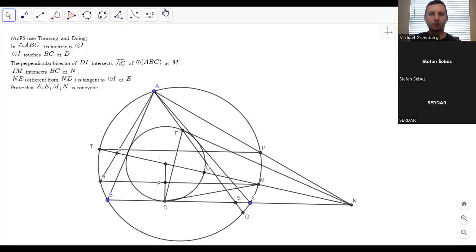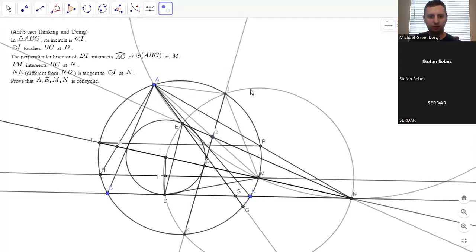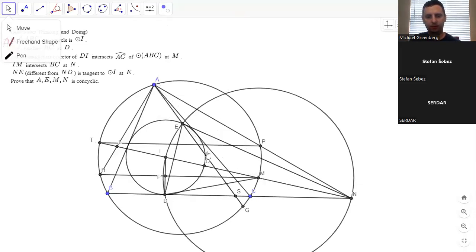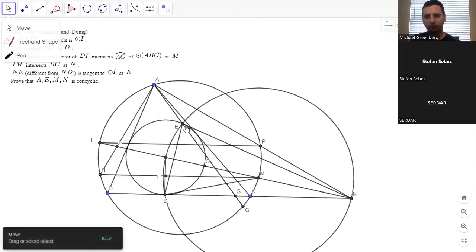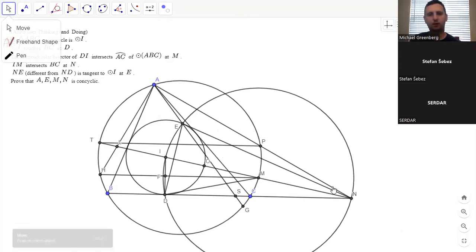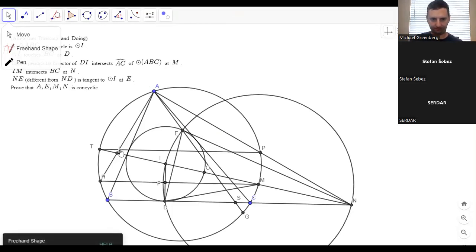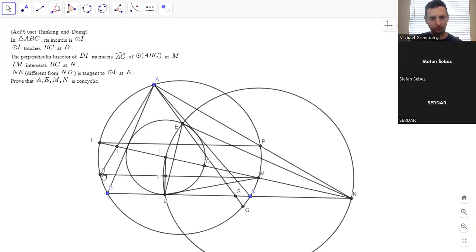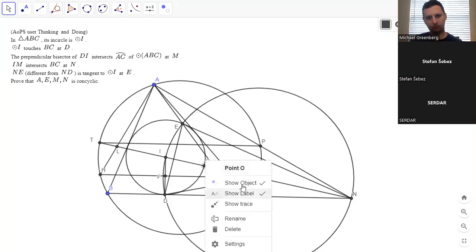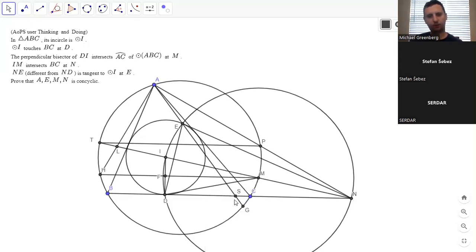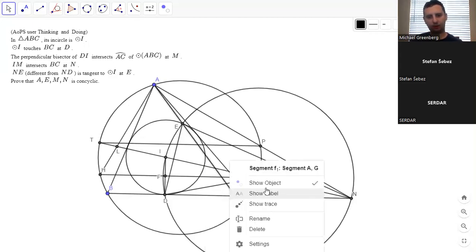So yeah, okay, I'll keep this circle because it helps show that angle ENM is MEN. Yeah, that's a good way to do it once we show it's parallel. I'm gonna go hide this for now.